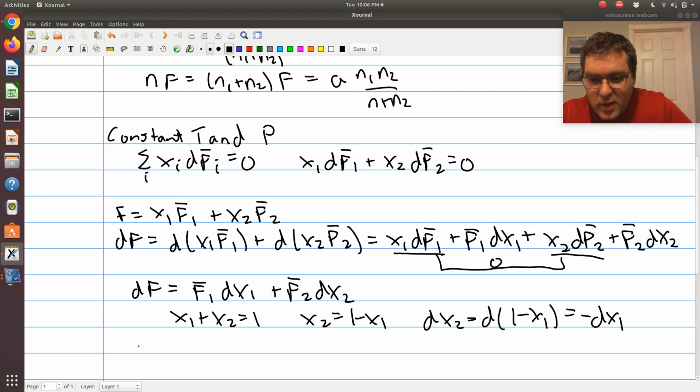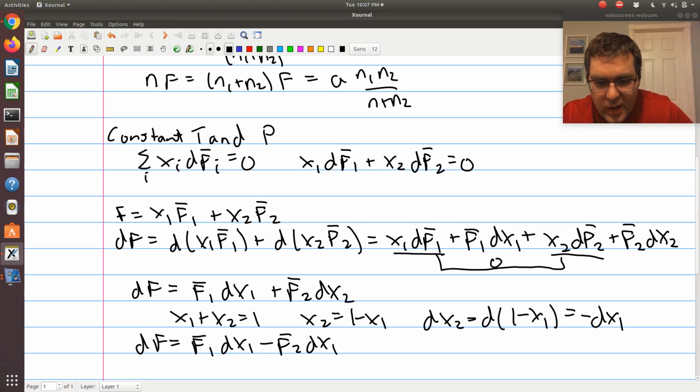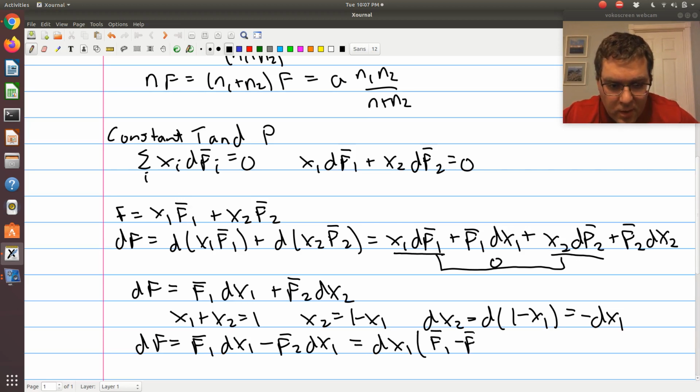So if I substitute that in, now I have dF equal to F bar 1 dx1 minus F bar 2 dx1, negative because it was a negative dx1. Now I can factor out a common dx1 term, and I get dx1 times F bar 1 minus F bar 2.